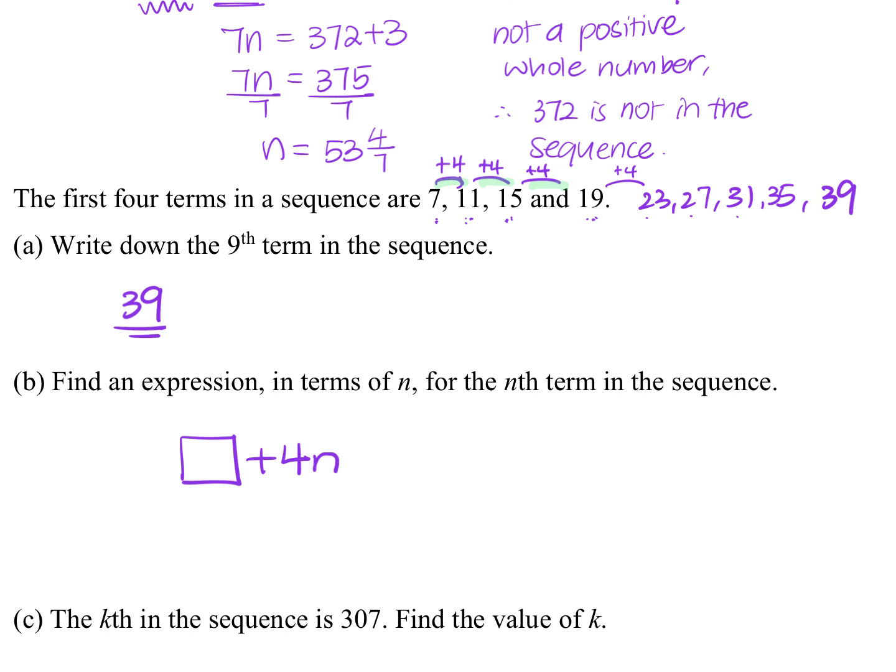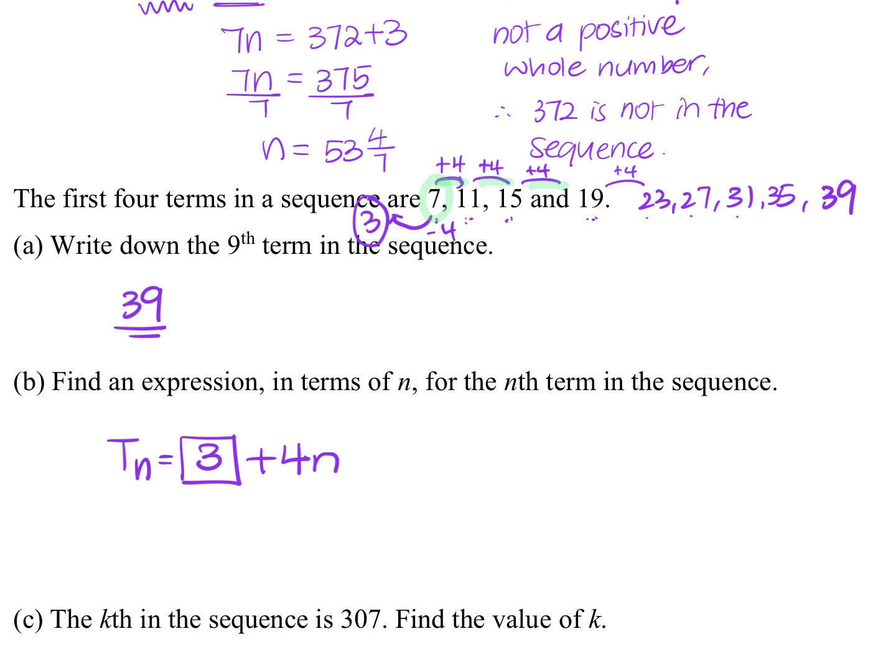Then I need to find the number in front. What number plus 4 gives you 7? I'm going to minus 4 and end up with 3. So 3 plus 4 will give me 7, the first term. So term n equals 3 plus 4n.